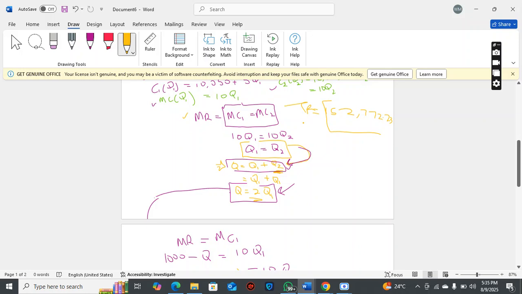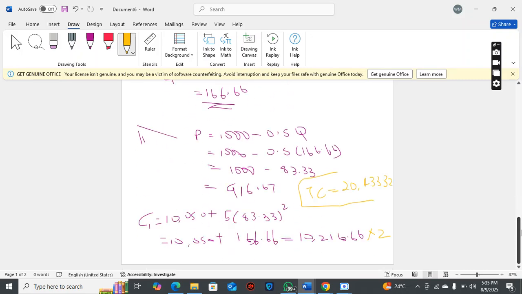So 152,772.23 minus 20,433.32, and our profit is going to be 132,338.91. That is our profit, total revenue minus total cost.